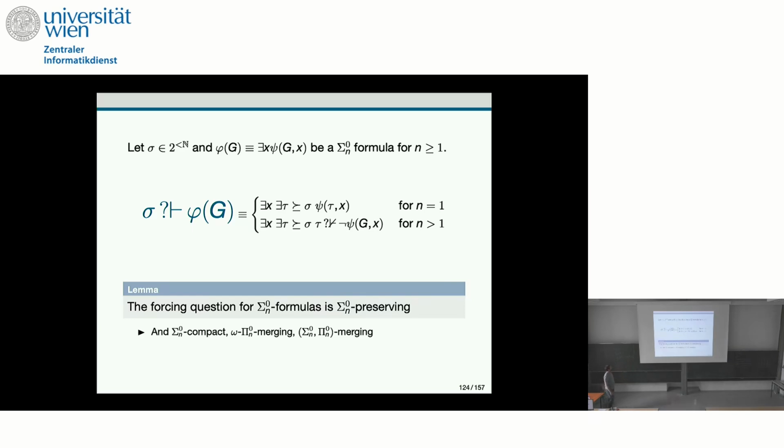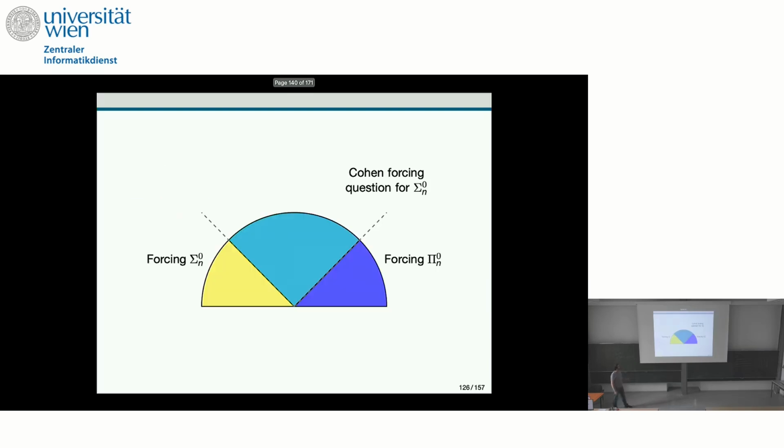So this forcing question for sigma 0 n formulas is not only sigma 0 n preserving, but you can also check that it's sigma 0 n compact, omega pi 0 n merging, and sigma n pi n merging, simply because for co-enforcing at every level, the forcing question is extremal on this side. It might not be completely obvious why it's extremal at higher levels, because here we define it inductively in function of a forcing question for which we don't have a perfect control of where it puts the divide line.